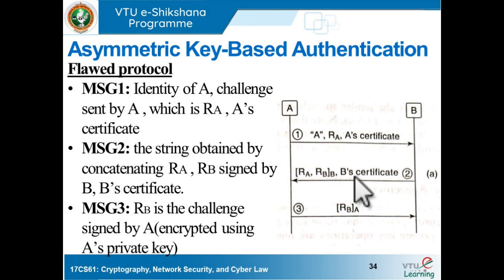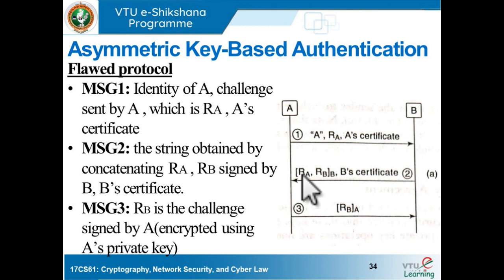Now what does this reply contain? It contains the string obtained by concatenating RA. Now what is it doing? It is concatenating another new nonce with the one that it has received from A, and then what is it doing?